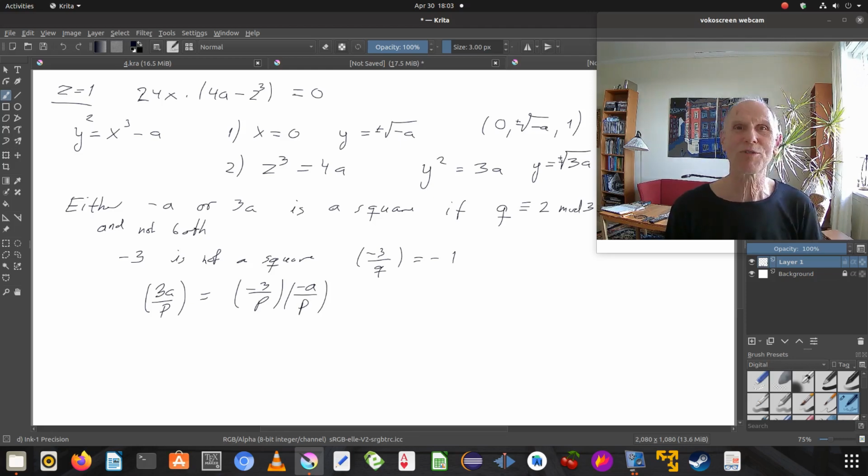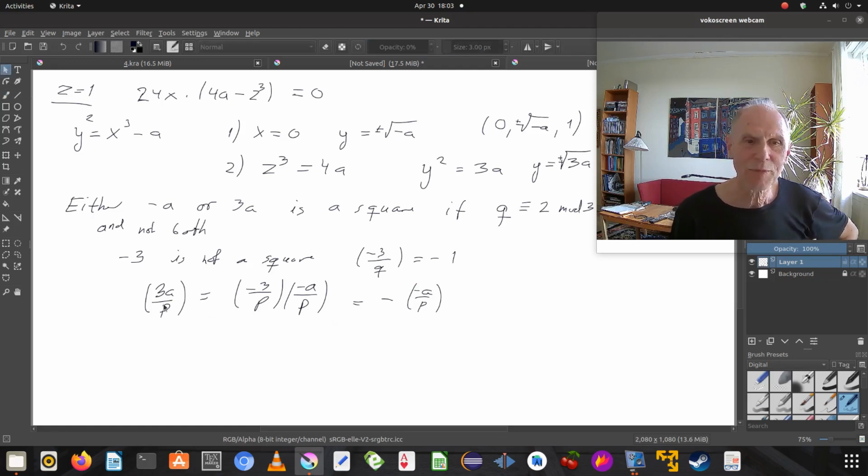That was a lapse of concentration, so the lunch is taking a toll. So these two guys have opposite sign, so that means that one of them and only one of them is a square, proving that either these points or these points lie on the curve. So therefore we have exactly 2 non-trivial points of order 3. I think I'm done.